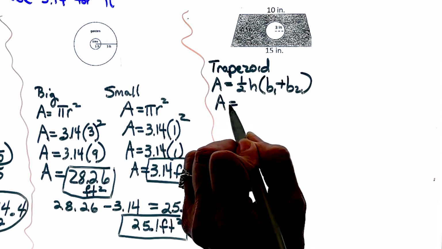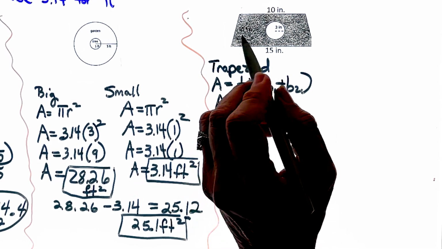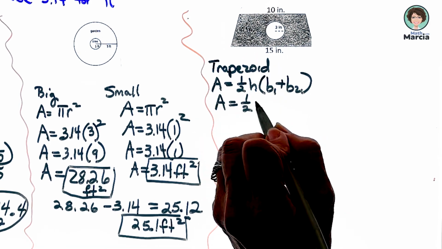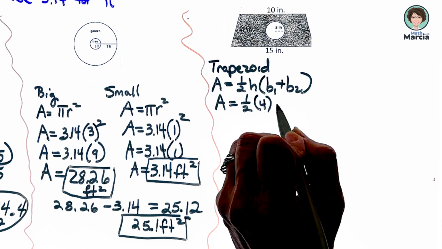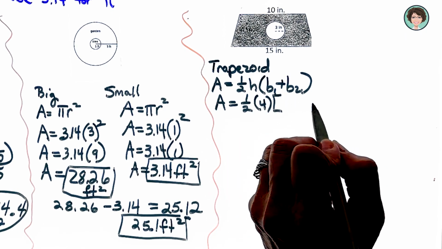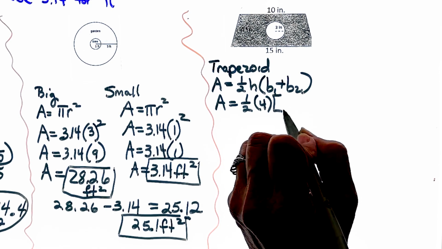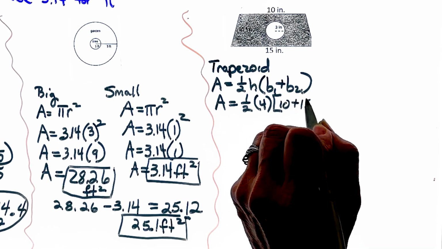And the area is equal to 1/2. The height is right here. I'm hoping that you can see the height is actually a 4. And inside my parentheses for my bases, I'm just going to put a bracket so we don't confuse it. It's 10 plus 15.